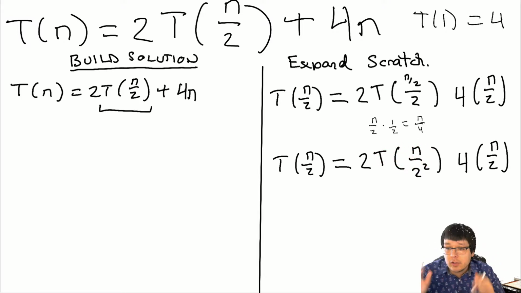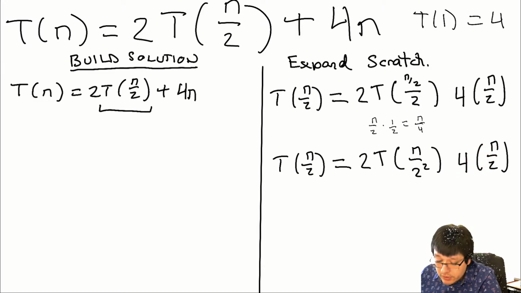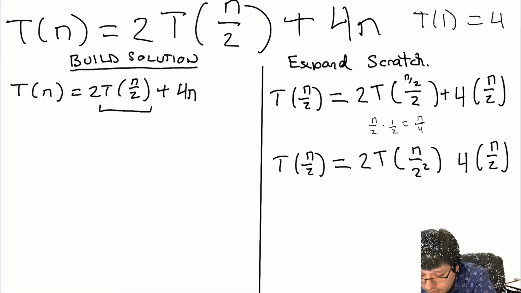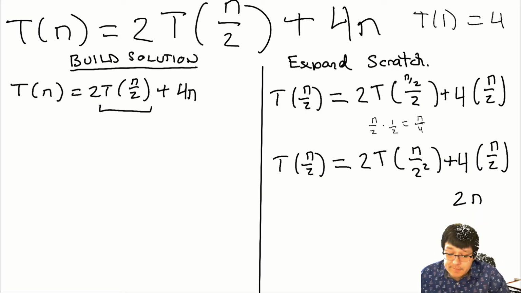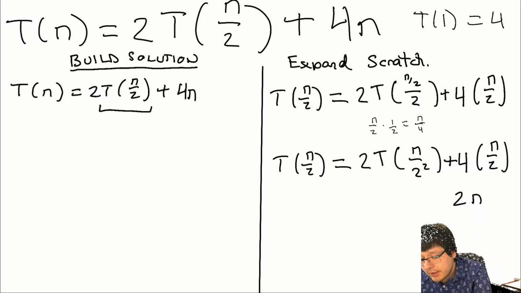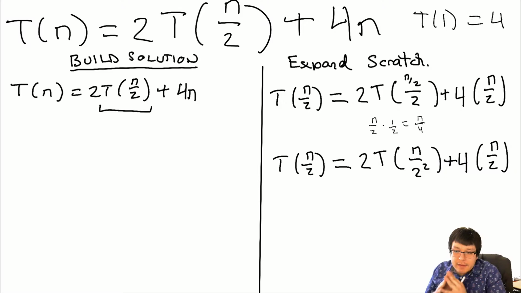So I can't simplify the 2 here with the 2 here. Over here, however, there is no function. Oh, by the way, I forgot a plus. There's no function here, so I could simplify this into 2n. I could do that, but I'm not going to do it yet either, because simplifying in this case is not always the right answer. Simplifying will hide the pattern.